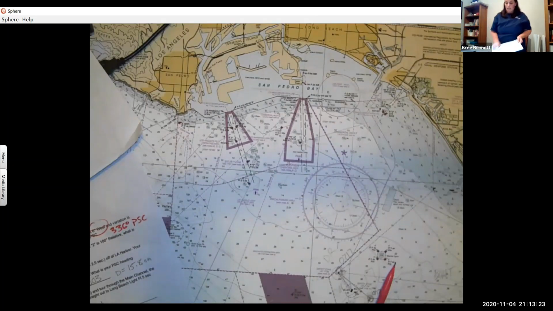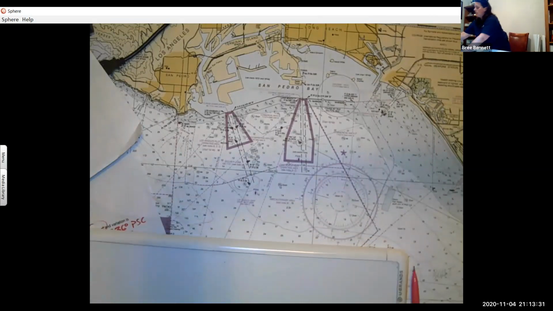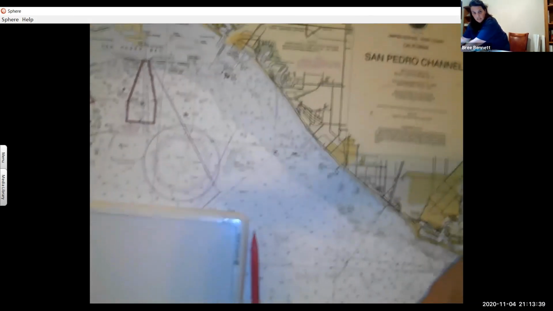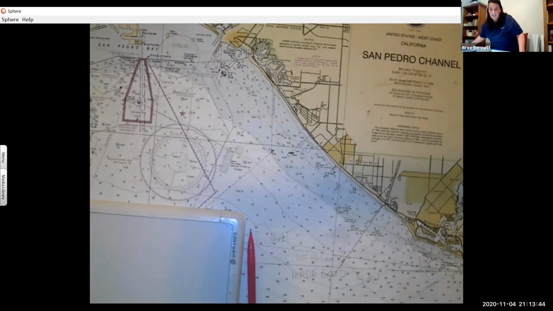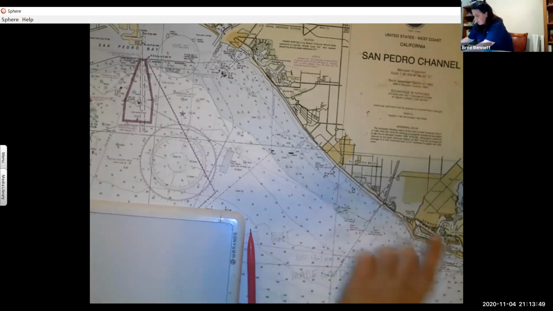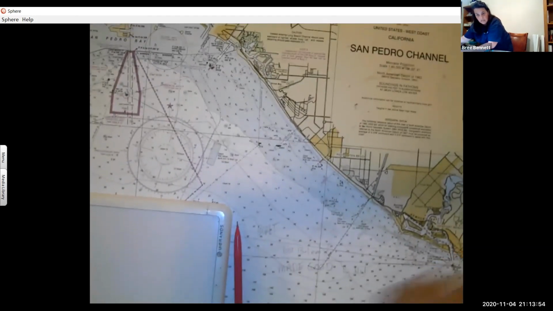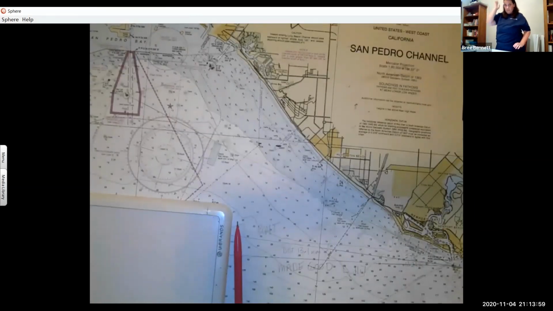So let's go back to our basic vector triangle. Get this down a little bit for us. Can you see it? Just about. Okay, there we go.